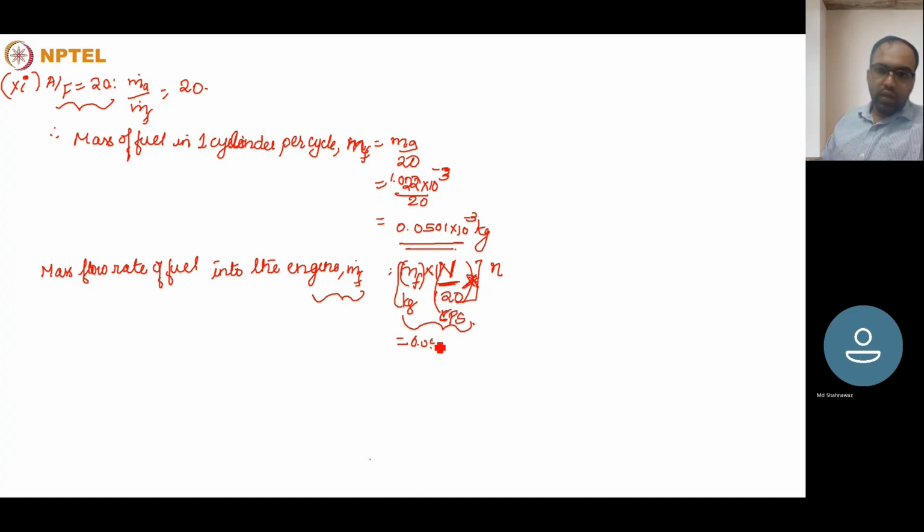So this is 0.0501 kilogram per cycle, this is cycle per second, and this is the number of cylinders.